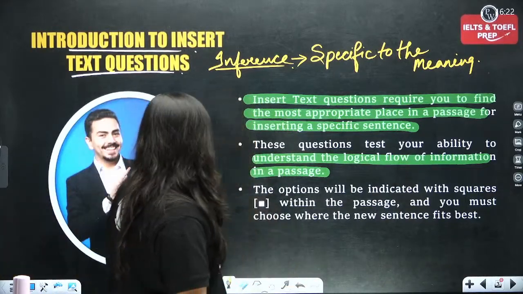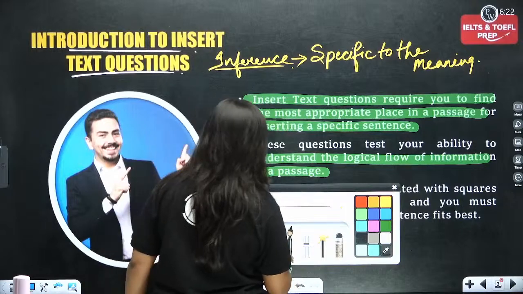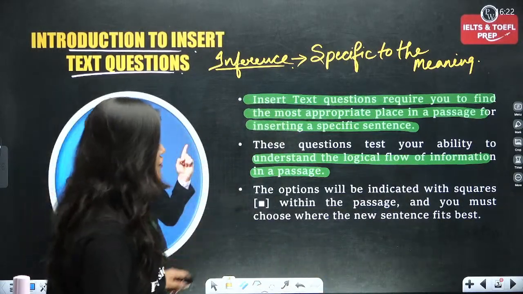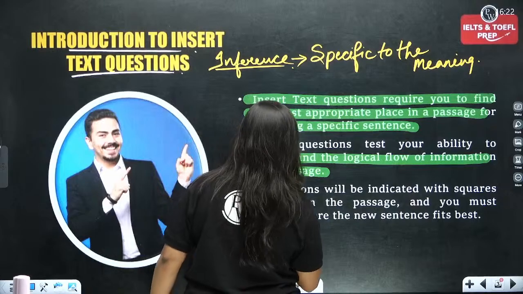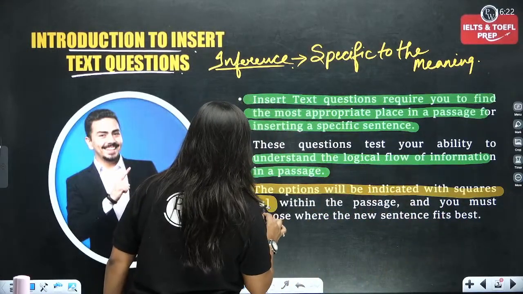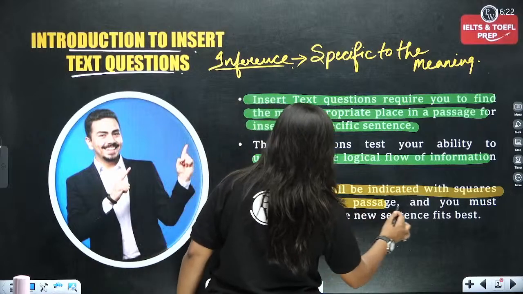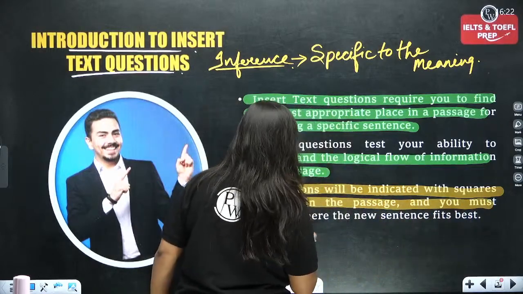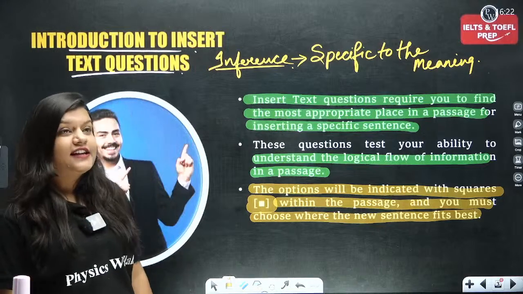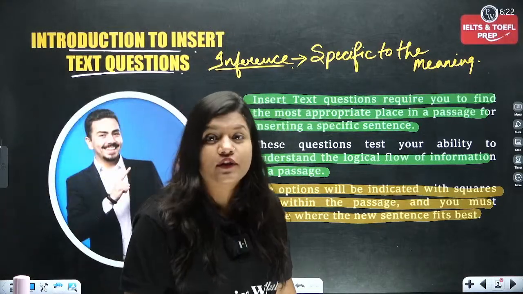Now let's get back to the base and understand the other things we need to cater to. The options will be indicated with squares within the passage, and you must choose where the new sentence fits best. This tells you how you are going to solve this question.